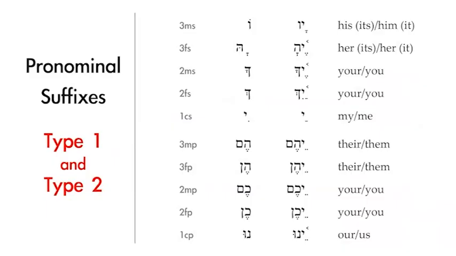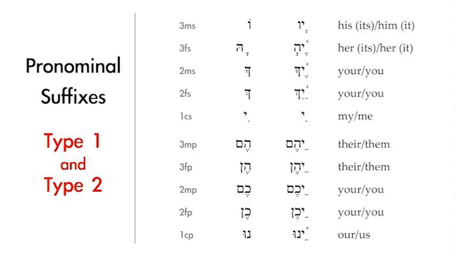In English, we normally move in terms of person, gender, and number from first person to second person to third person. But in Hebrew, we begin with third person, move to second person, and then with first person, both singular and plural. And we'll do this for prepositions and verbs and any other types of paradigms that we encounter like this. There's the type 1 set in the left column and the type 2 set in the right column.